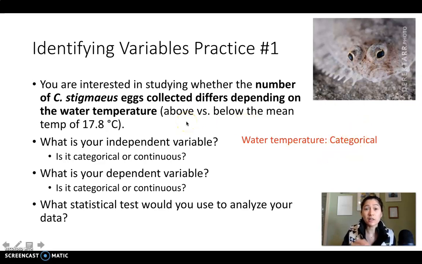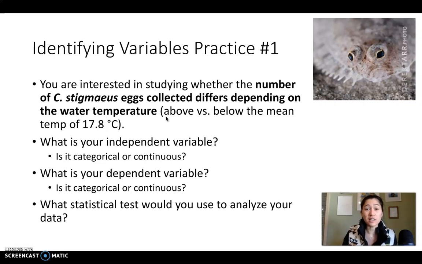And that's because of the way that it's stated in this overall research question. So we've specified that we're going to be breaking up water temperature into above and below the mean. That's essentially breaking it into 2 different categories. So for us, in this particular case, the independent variable is water temperature, and it's categorical.